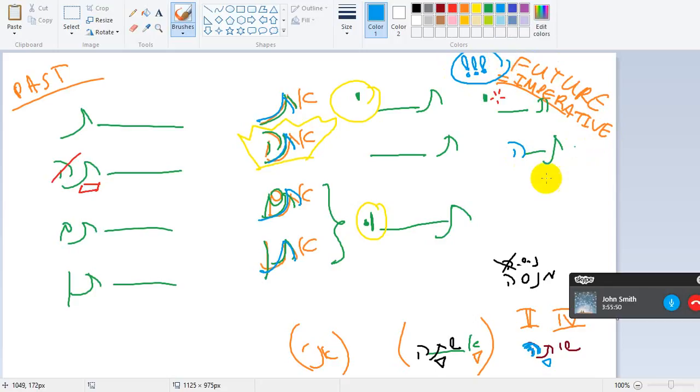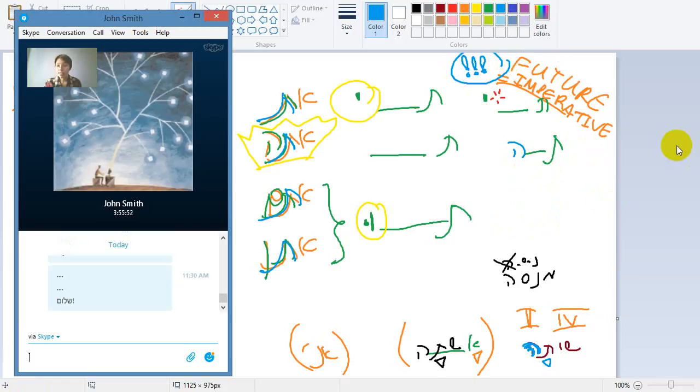Now, I have to mention that this is a kind of polite imperative. In the Bible we have an imperative, the same thing without the tav. So if it were without the tav, try, nasi, or nase, without the t.